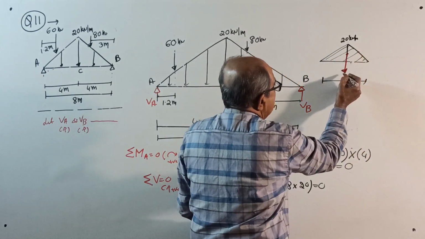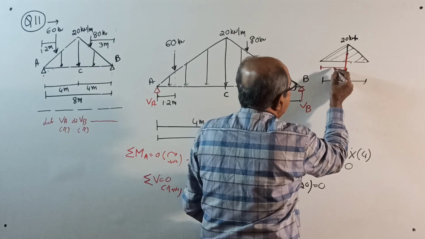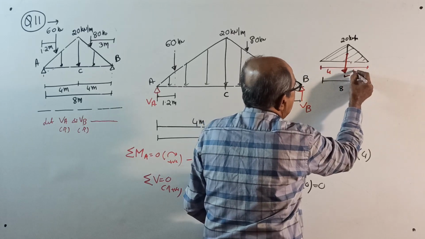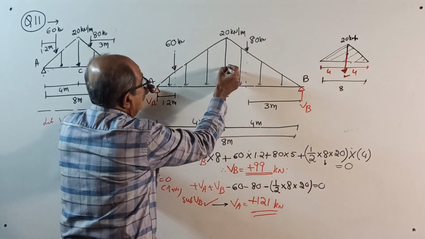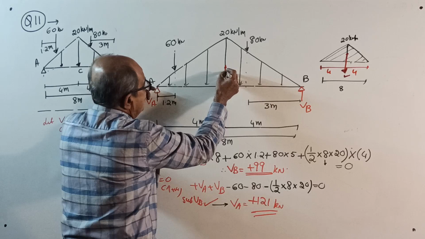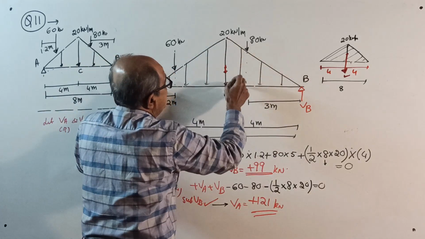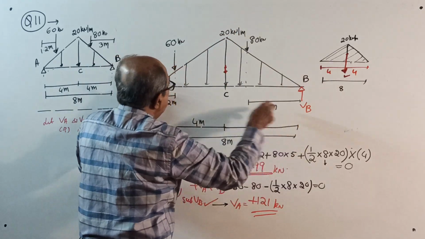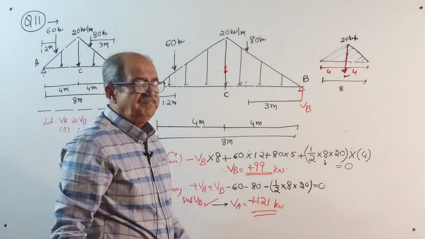Symmetrical. Given by the area of the triangle, and the distance will be 4 meter from here, and 4 meter from here also. Therefore, plus the total load acting here. Half into 8 into 20 is the total load, into 4, equal to 0. You get the value of VB.